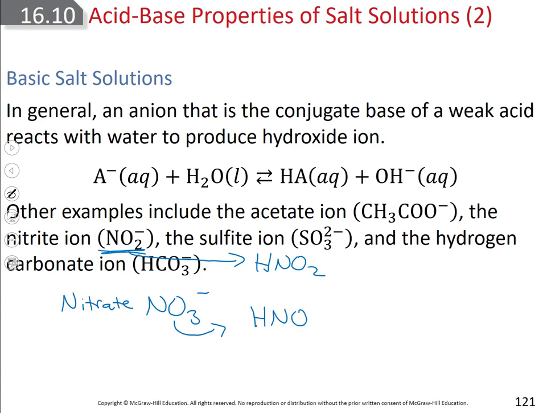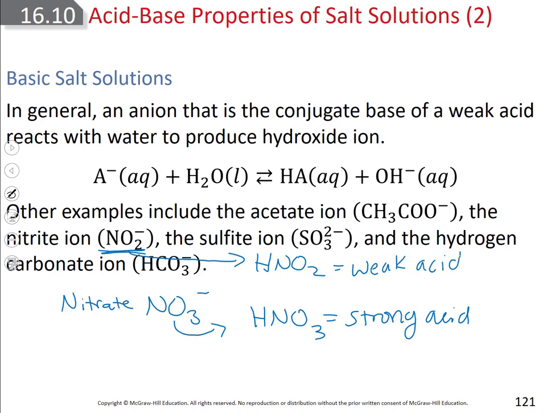What's the big difference between HNO2 and HNO3? Good. HNO3 is a strong acid. That's one of the 7 strong acids. Versus HNO2 is a weak acid.